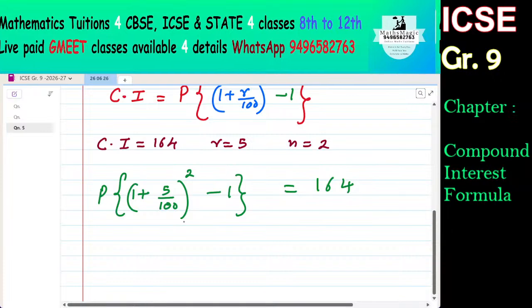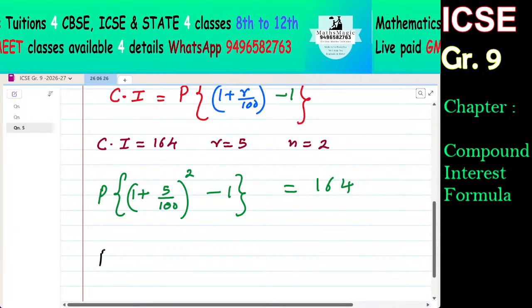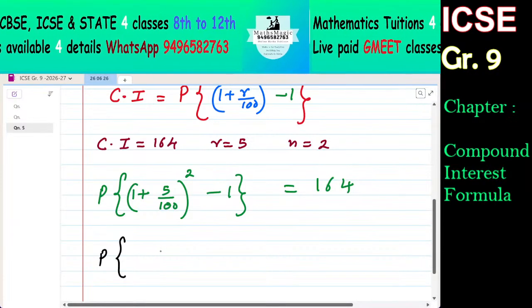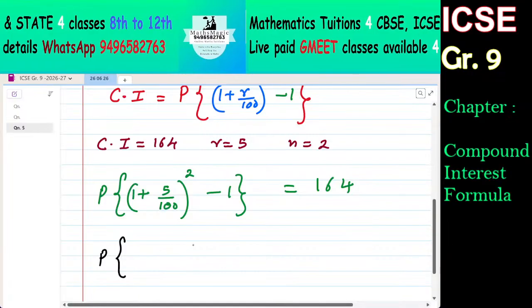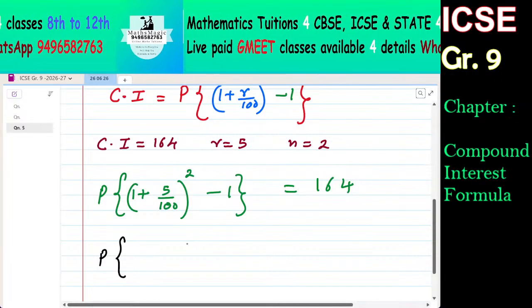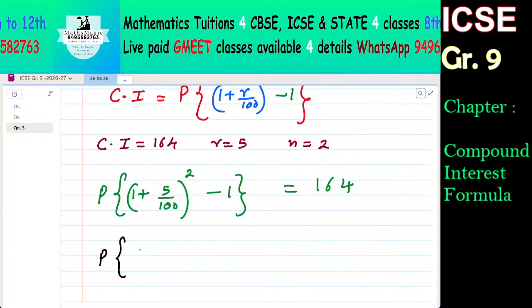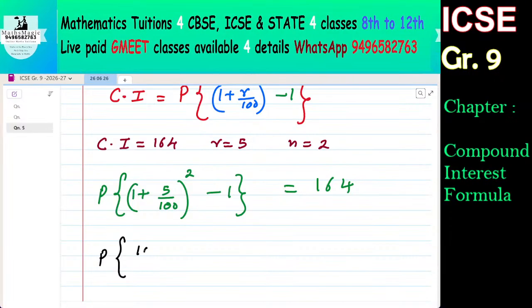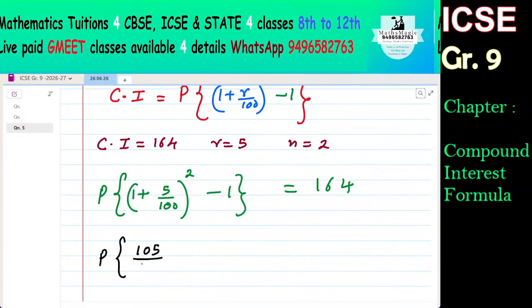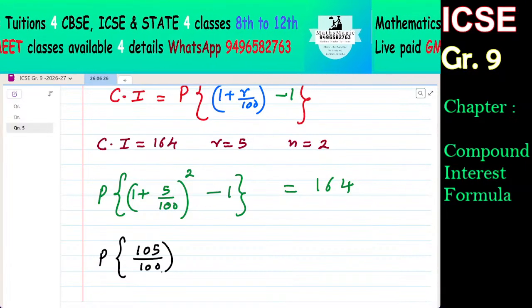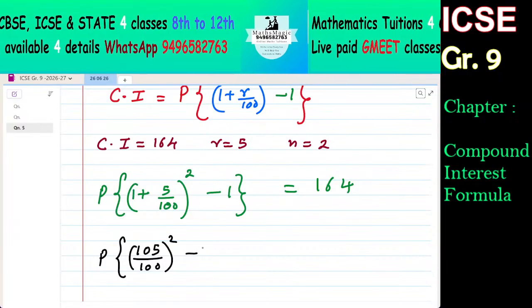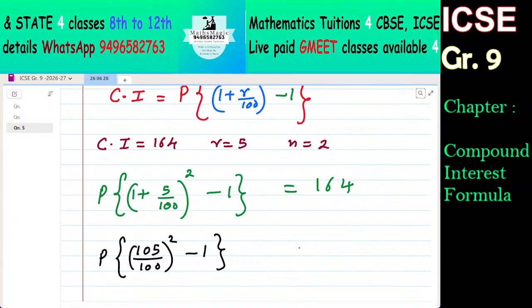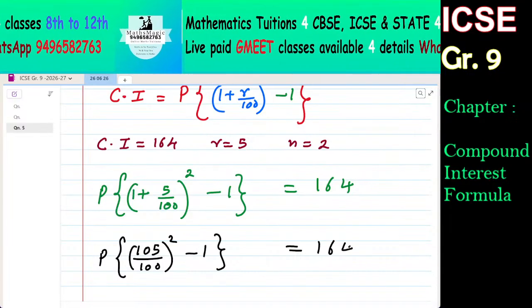I'm not simplifying this fraction of 5 by 100. I just need it so that it will be easy for us for the final simplification. So it is P times (105 by 100) whole squared minus 1 equals 164.